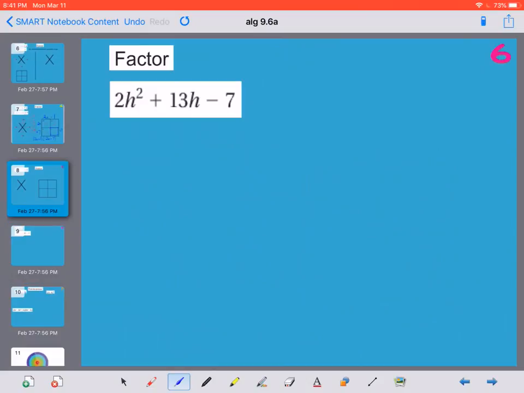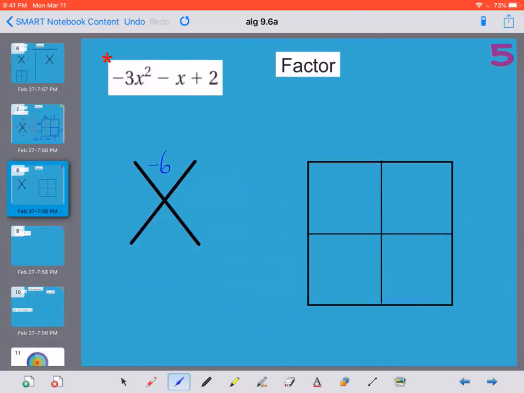Alright, here we'll do another one like that. We're going to take negative 3 times 2 and get negative 6x squared. And then b is just negative 1x. So we need to figure out, well, we have a negative 6, so one of them has to be negative.